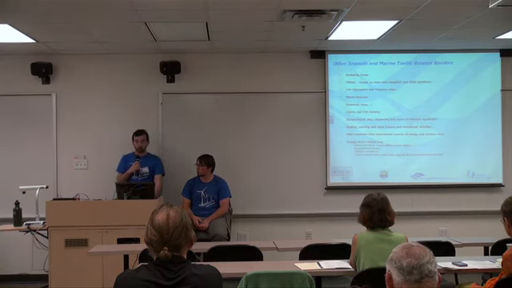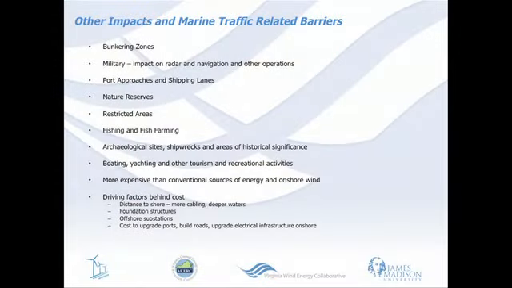Here are some other impacts, mostly due to marine traffic, things like bunkering zones, military activities, including radar, navigation. It's very important, especially in Virginia, where there's heavy military activity, to make sure that any offshore wind projects do not interfere with their activities.